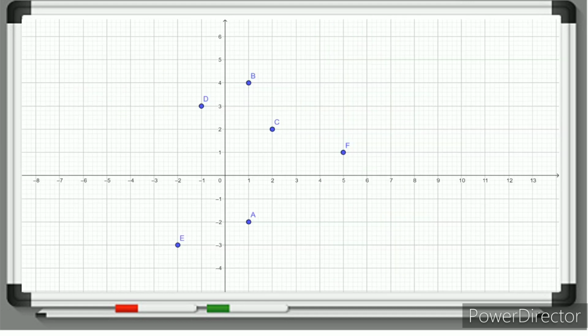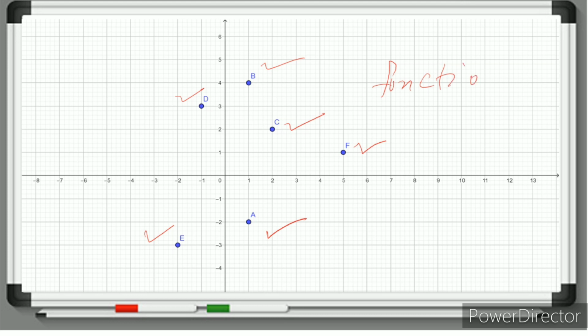Now boys, see in this graph he has given different points: point F, point C, point B, point A, point D, point E, and he's asking us whether this given graph is a function or not.